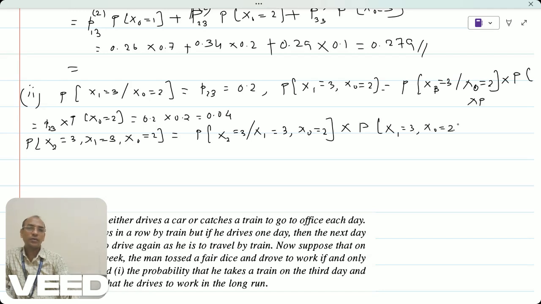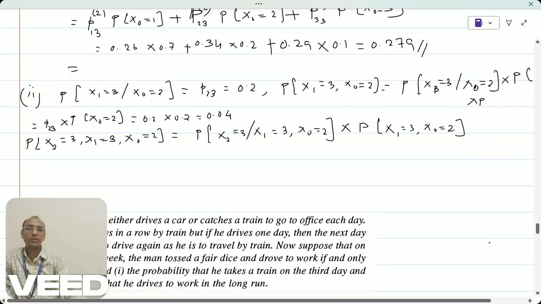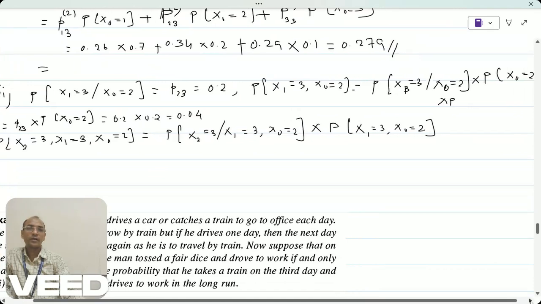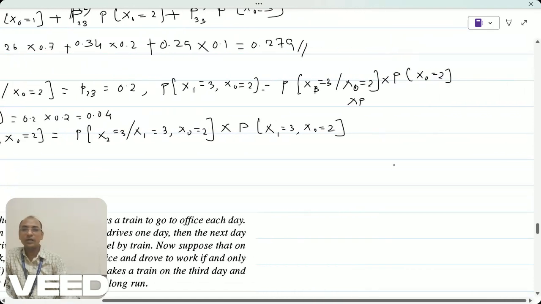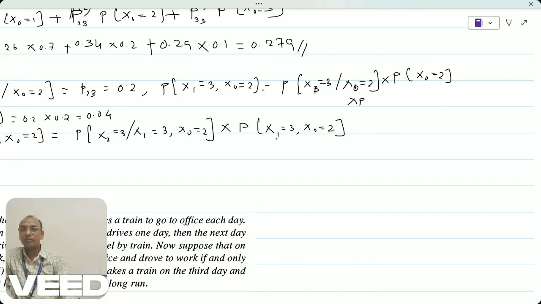But already we have got that this is 0.4, and this is equivalent to saying, since the Markov chain says that it does not depend upon the past but depends upon the present, giving the present value.